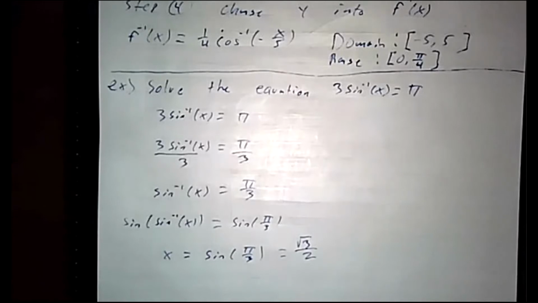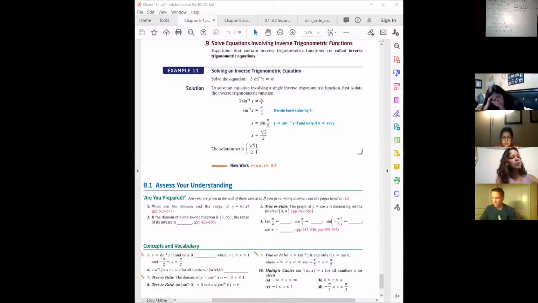And that's what they do here. They just don't show as many steps. In their case, they divided by 3 and used the definition, which is also appropriate. But I think it makes more sense to think of it as introducing a sine function in order to cancel. But if you want, you could think of it this way.